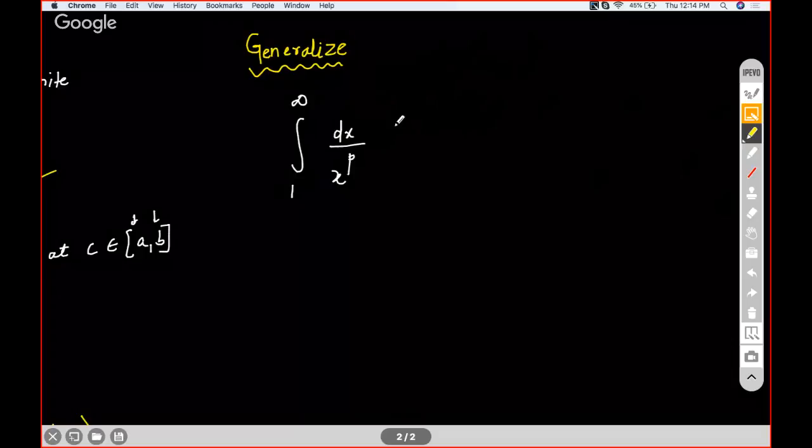Now the generalization is if this p is greater than 1, such kind of integral will always converge. And if p is less than or equal to 1, such kind of integral will always diverge. Understood?